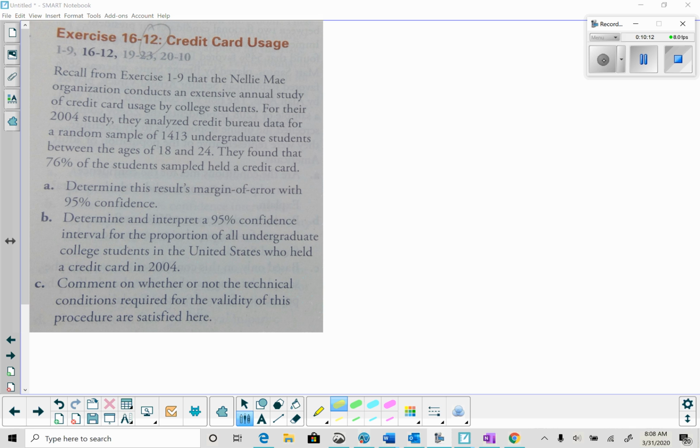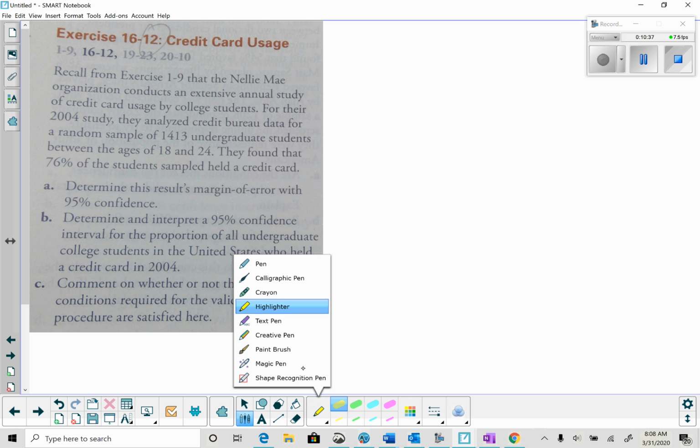Hopefully, that's going to be you guys soon. Back in 2004, they analyzed credit bureau data from a random sample of 1,413 undergraduate students, found that 76% of the students sampled held a credit card. So determine this margin of error with 95% confidence.